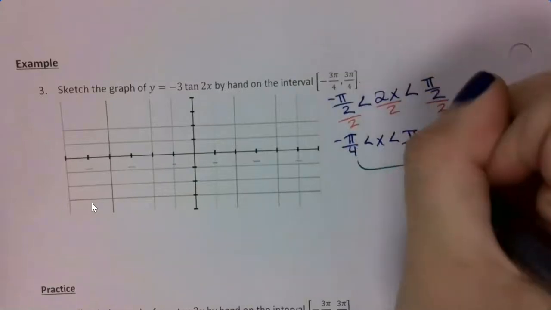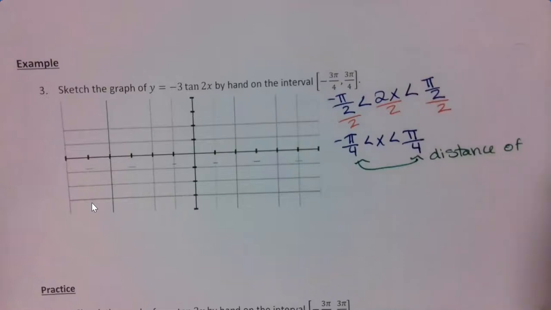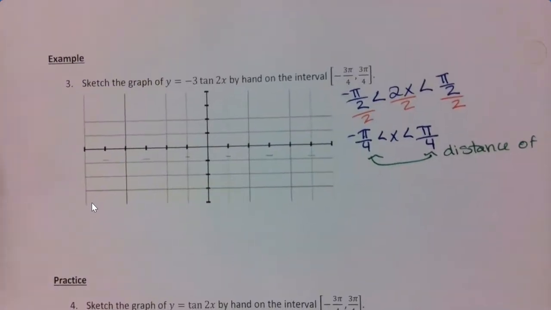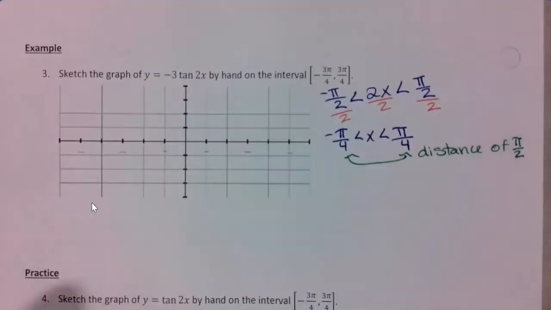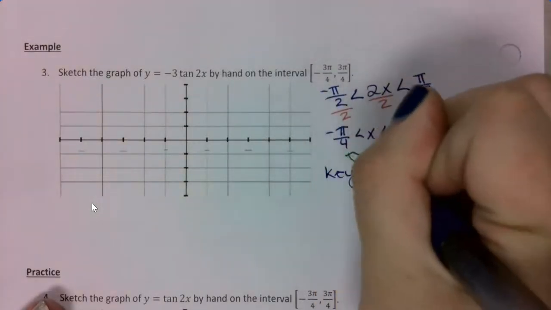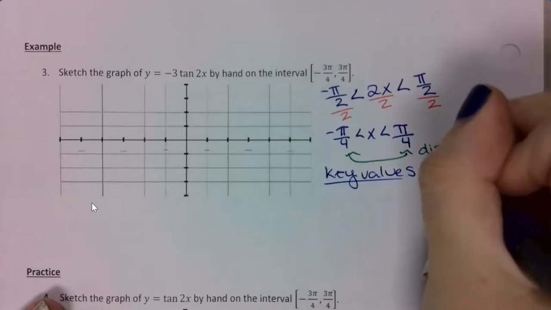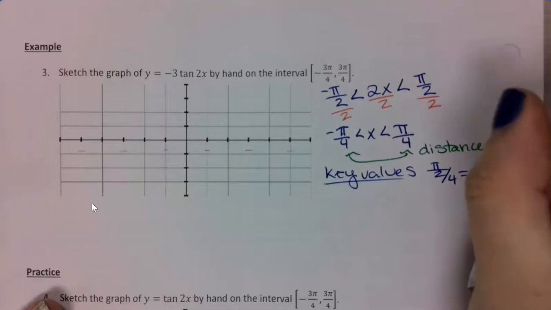Okay, so what do I have a total distance of? Pi halves. So then for my key values, I'm going to take pi halves and divide by 4, which gives me pi eighths.